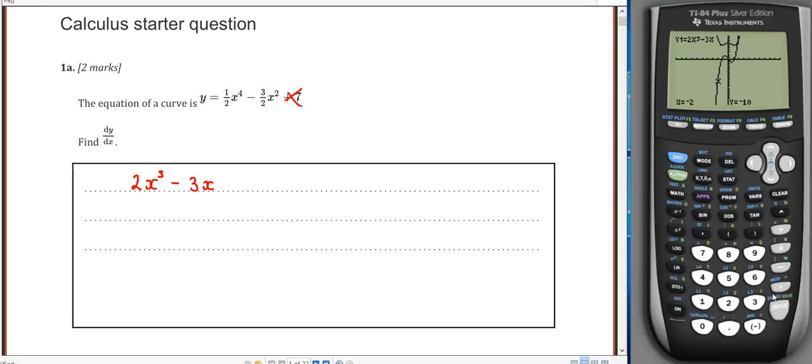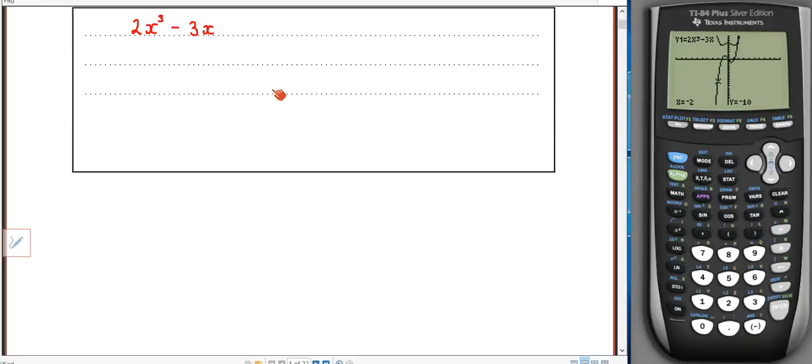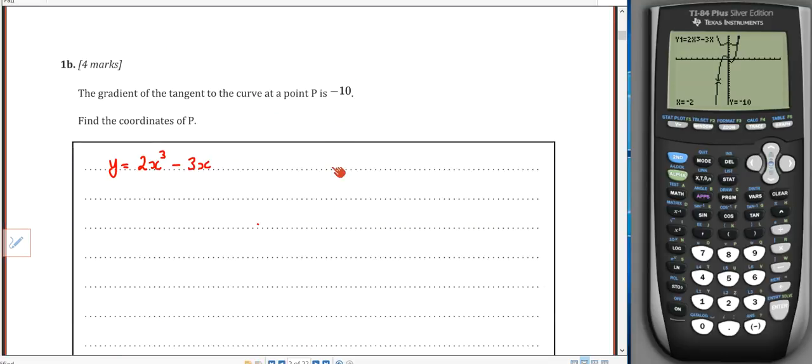Okay, so just in case, is everyone following this or not? No. Okay, so let me talk it through. The method is absolutely fine. So what she's done is graphed both functions. Because what we need to know is, it says the gradient of the tangent is minus 10.